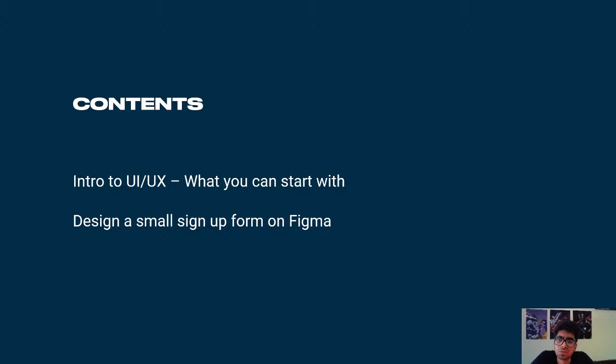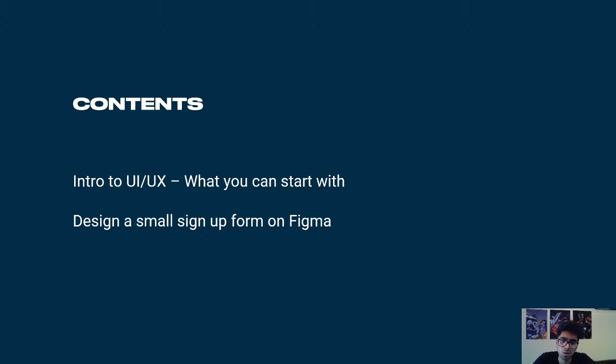So just to give you another refresh on the contents, first, a basic intro to UI UX, what beginners can start with. I'll give you a very brief introduction to what UI UX is, the differences, and what the relevance is at the moment. Next, we will go through a small user flow on Figma.